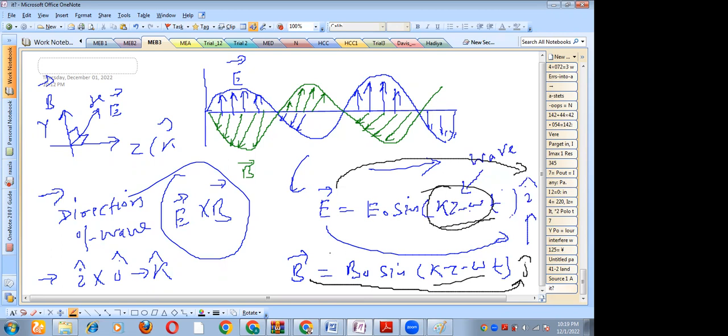We are always giving the opposite sign. If it is moving along minus Z, we will give a plus sign. Got my point? Understood? So this is how we generally represent the equation of an electromagnetic wave. Understood till now? Any doubt?